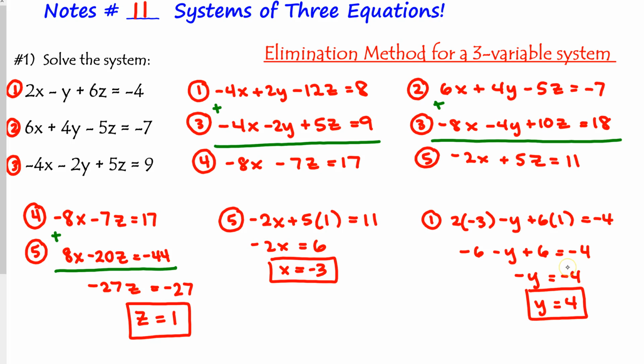Now, we write our answer as an ordered triple, x, y, z: negative 3, 4, 1. And we should double check by just taking that ordered triple and substituting it into equations 2 and 3. Since we already used equation 1 here, we know it works, but substitute those into equations 2 and 3 as a way to check. I'm going to leave that for now because I know we have a lot to do.